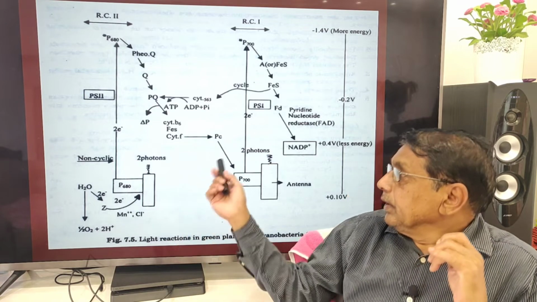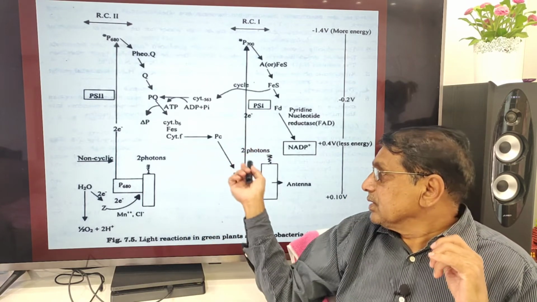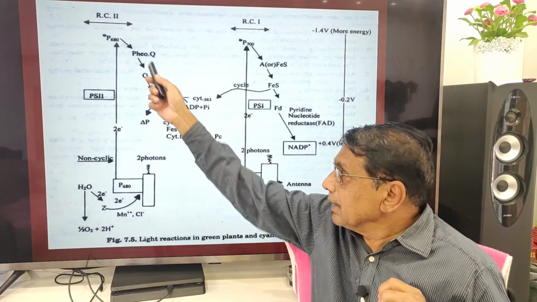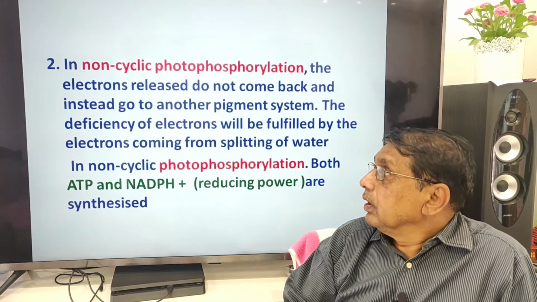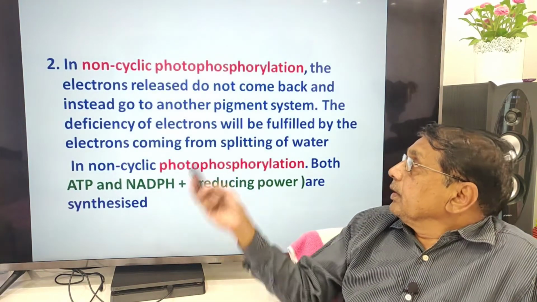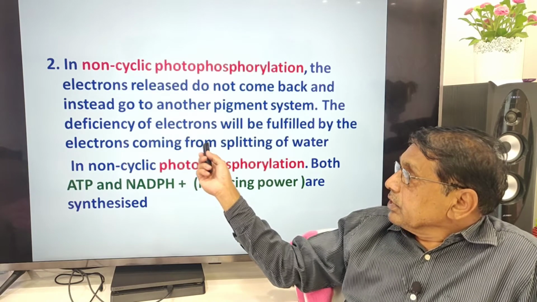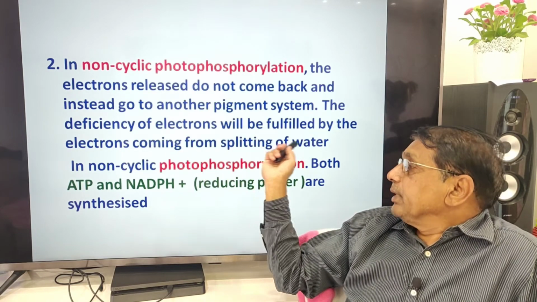And for this system, suppose it loses the electrons, that deficiency is fulfilled by the electrons coming from this side. For the other pigment system, the deficiency of electrons will be fulfilled by the electrons coming from the splitting of water.